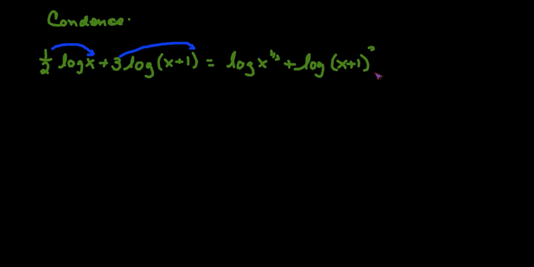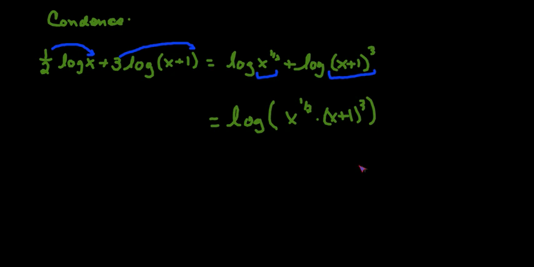Now if we look at our product property, goes with addition, means we can take the two parts that we've got individual logs for, this part and this part, they can go back together as a multiplication. So this simplifies into log of x to the 1/2 times x plus 1 all to the 3rd power.